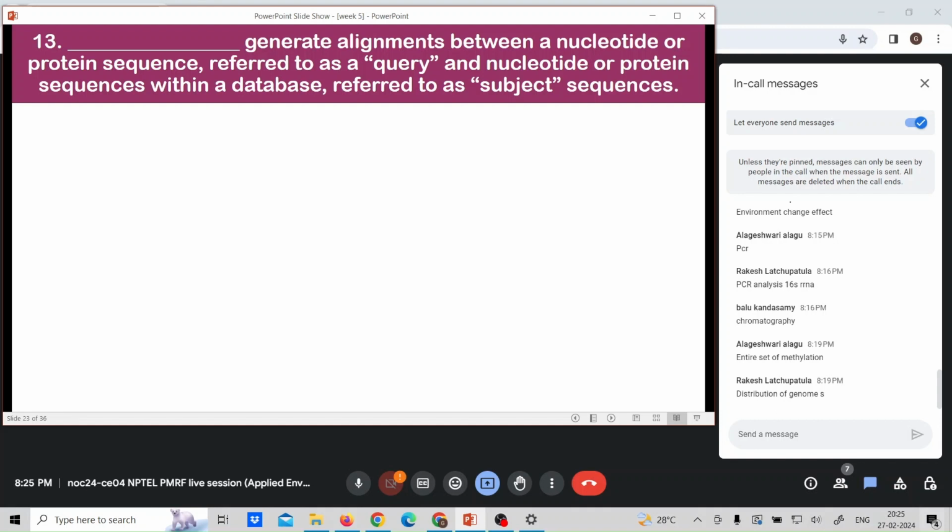This question is purely a bioinformatic or computational question. Does any of you have any idea about bioinformatic techniques, or tools, not even techniques?